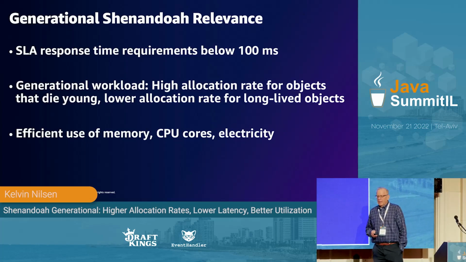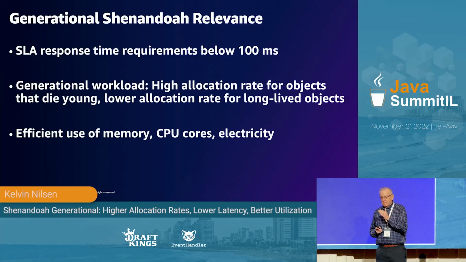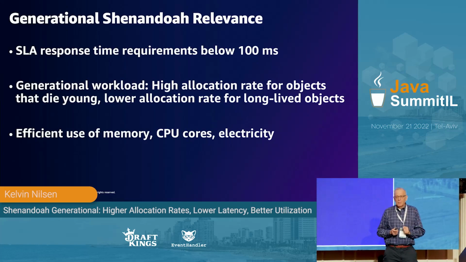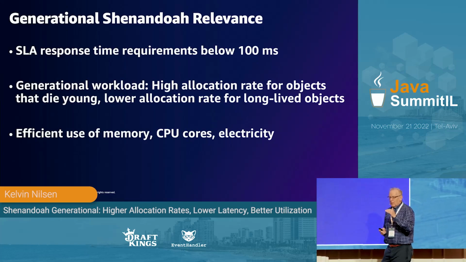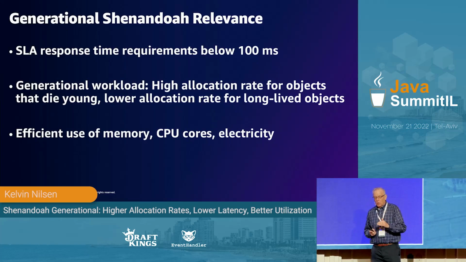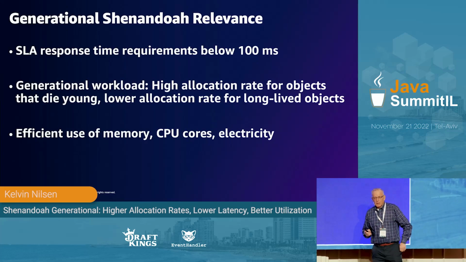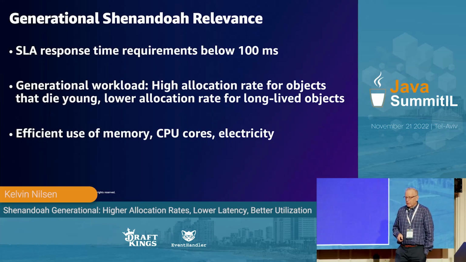Where does this play? I say we can promise you maximum pause times of a couple milliseconds, but anytime your service has a response time goal that's below 100 milliseconds, then you might want to look at something like a pauseless garbage collector, particularly Shenandoah, generational mode.